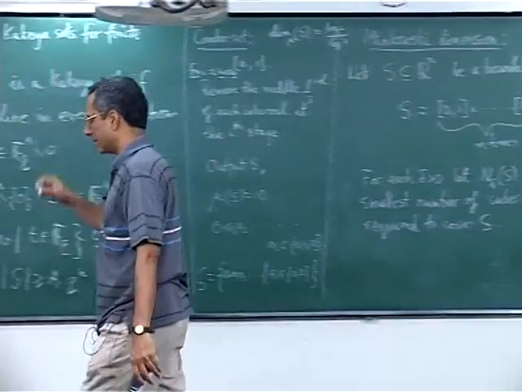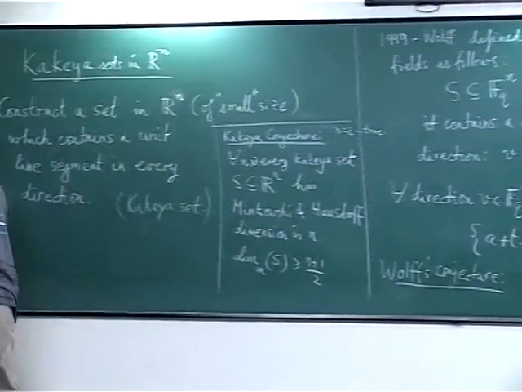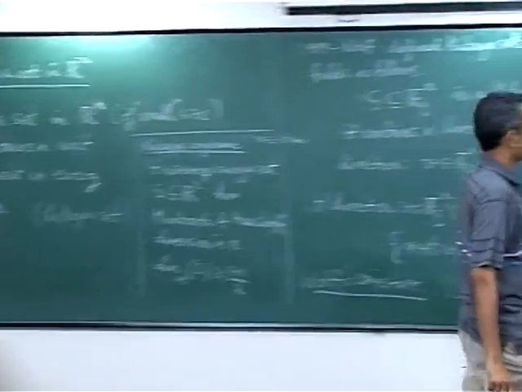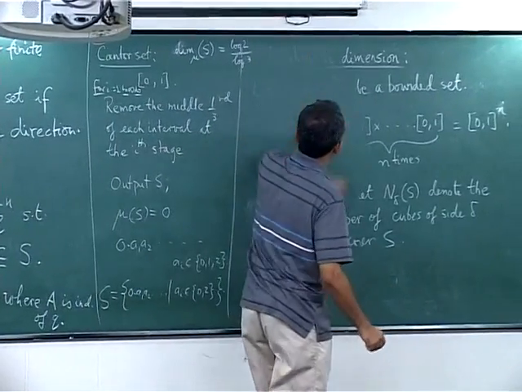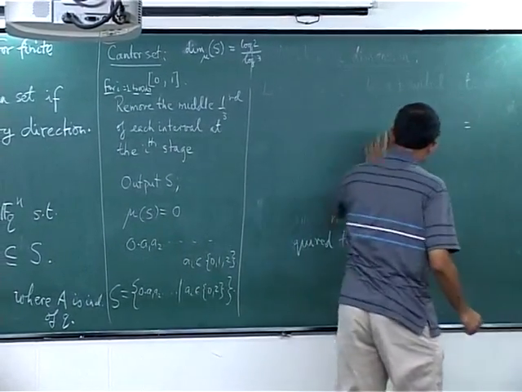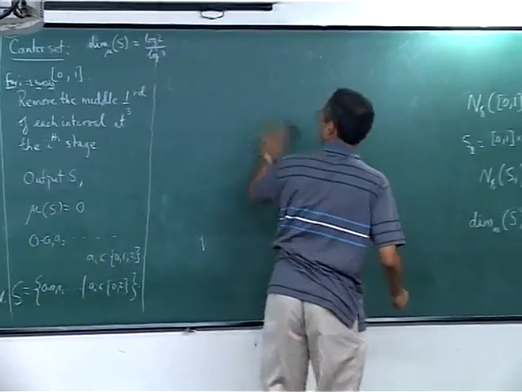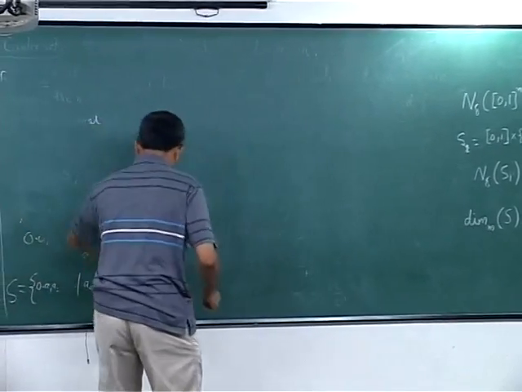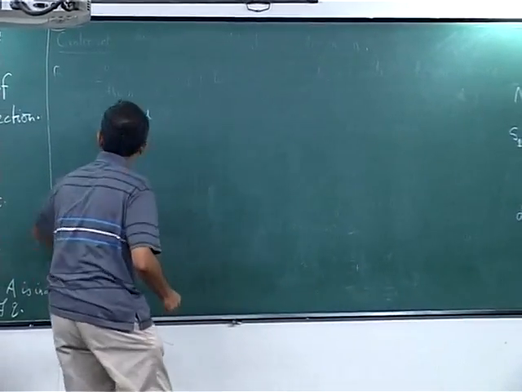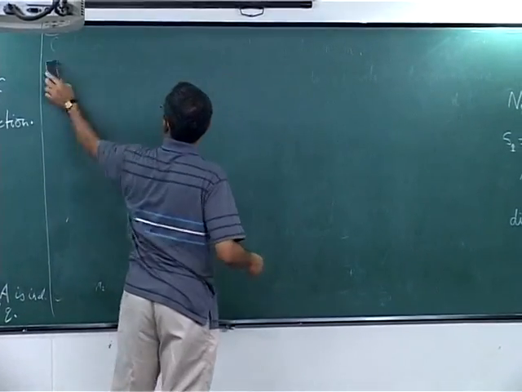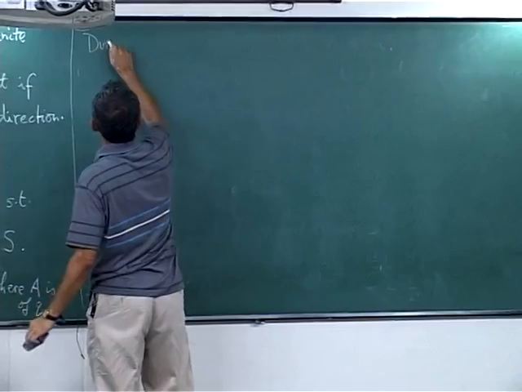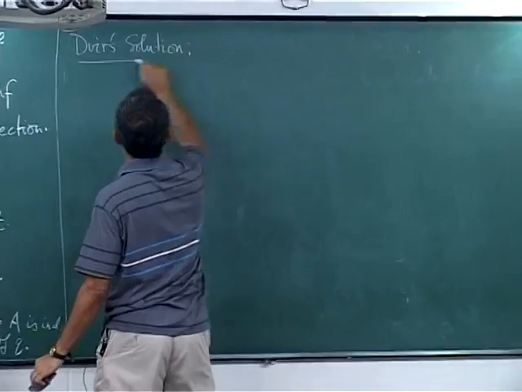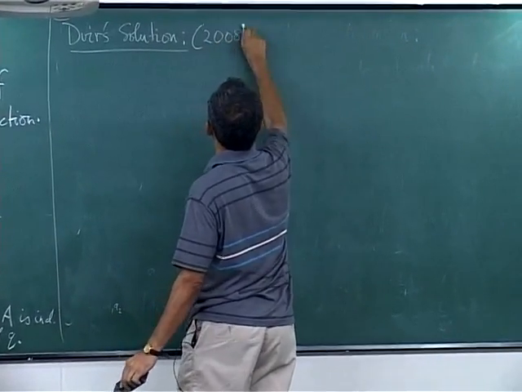And what we are going to describe is the solution using the polynomial method, which Dvir obtained in 2008. It's a remarkably simple application of the polynomial method. So this is Dvir's solution, sometime in 2008.